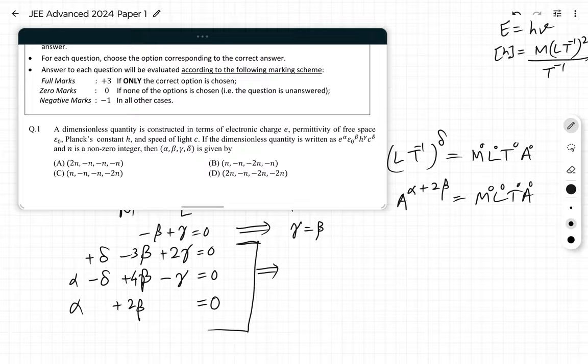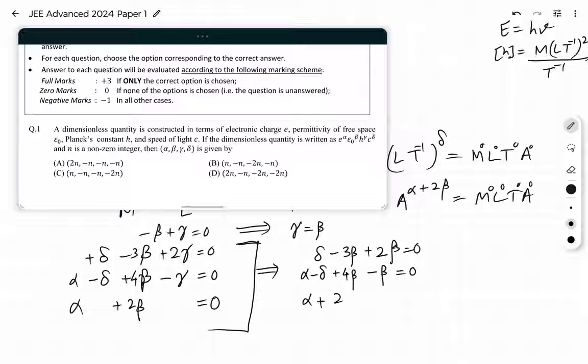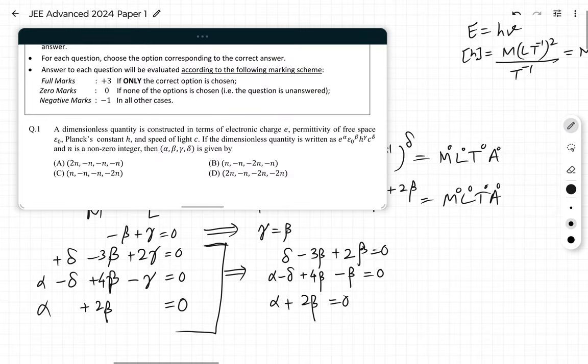Let's eliminate gamma. So delta minus 3 beta plus 2 beta will be 0. Alpha minus delta plus 4 beta minus gamma, which is minus beta, equals 0. Alpha plus 2 beta is 0.